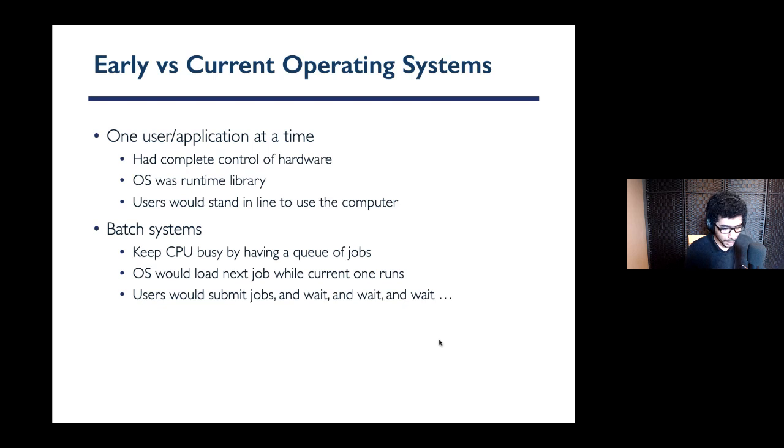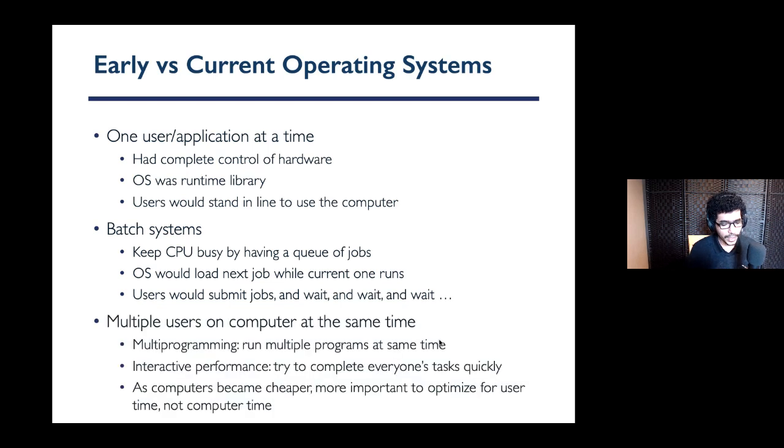So what they came up with was, why not keep a waiting queue? Everybody comes in, they submit their tasks, and once one task is out, I just immediately bring the second task in without having to spare idle cycles.